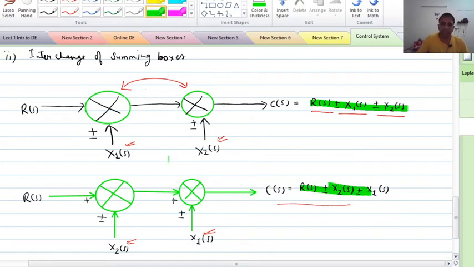The condition is that there should not be any take-off point between these two summing boxes, or any block between them. In that case we cannot interchange these two summing boxes.